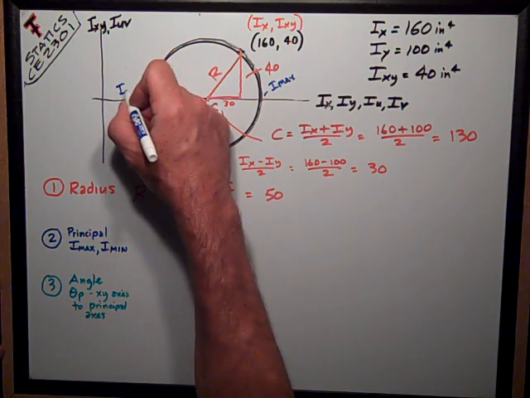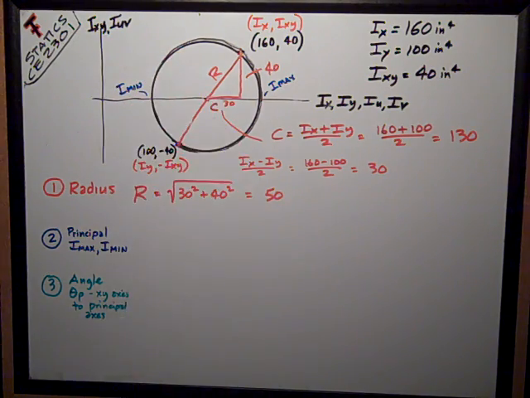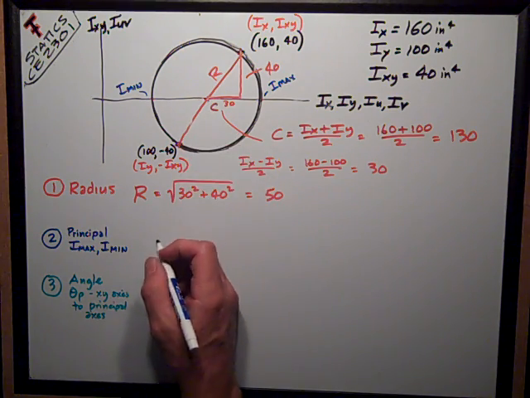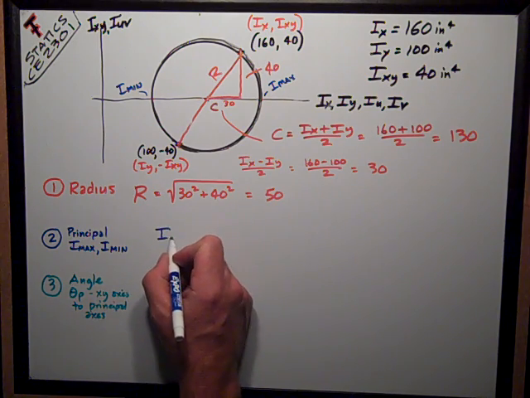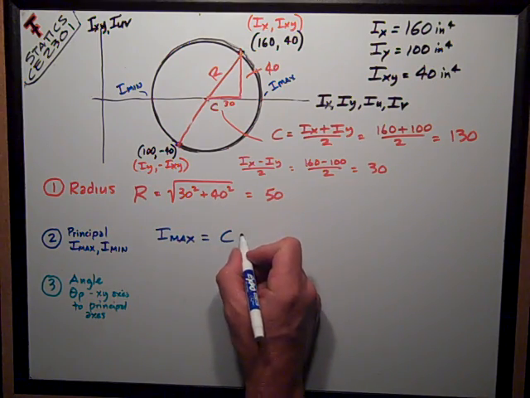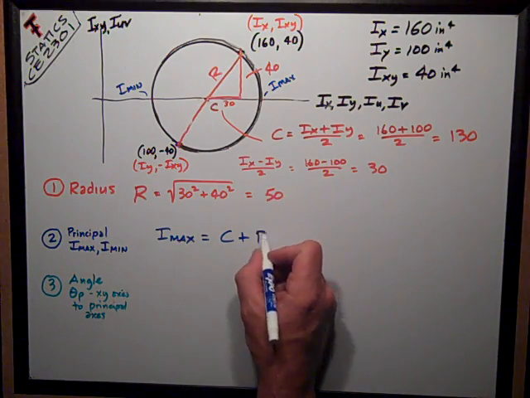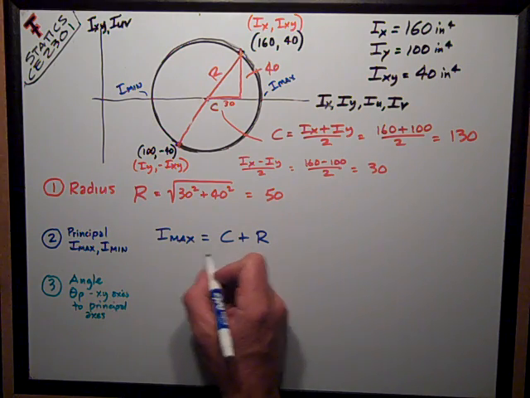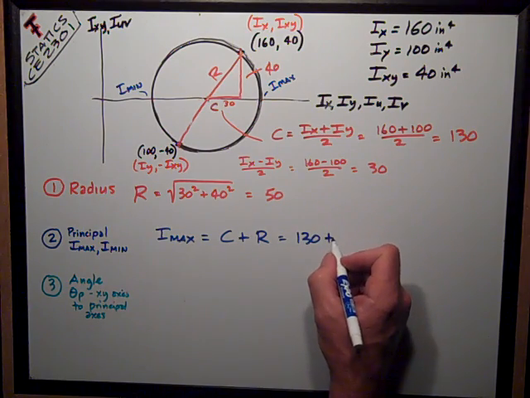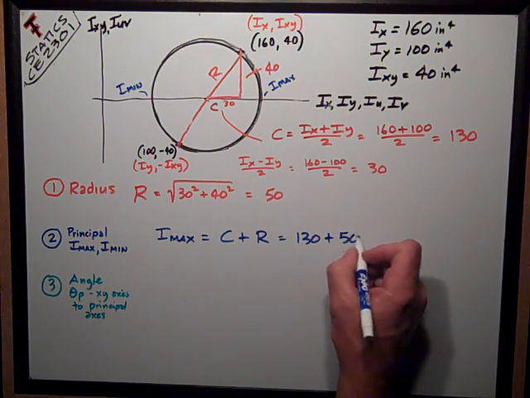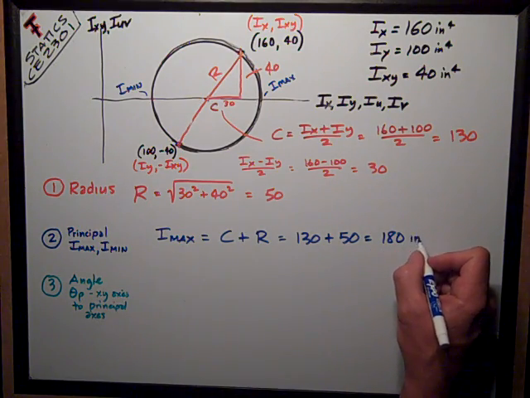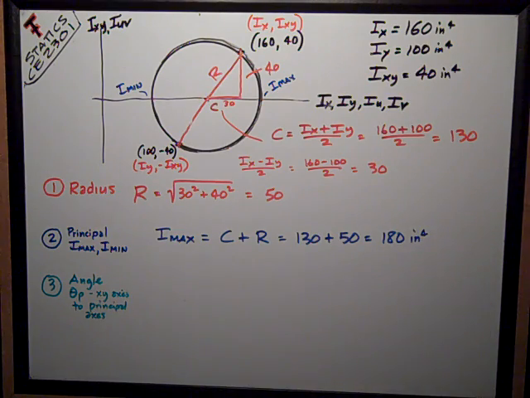It's easy to see that I max I can figure by taking the coordinates of the center and adding the radius. 130 is my center, plus my radius of 50, gives me 180. Remember, my units are inches to the fourth.